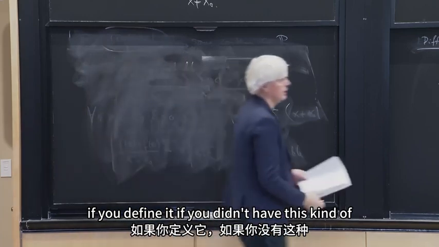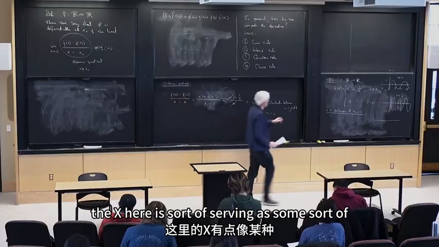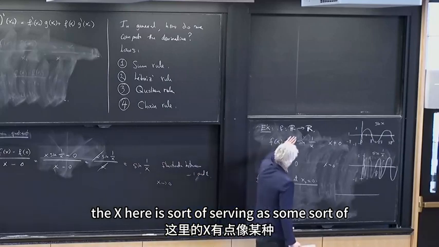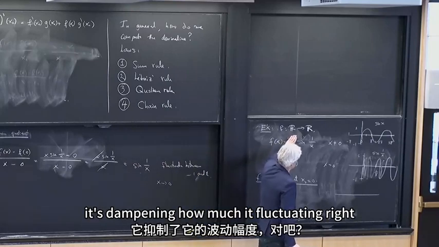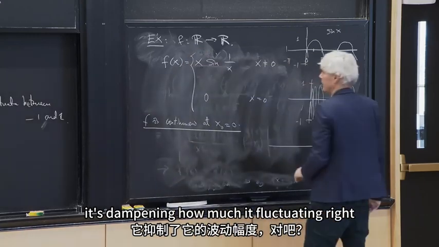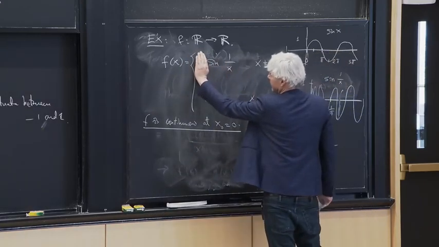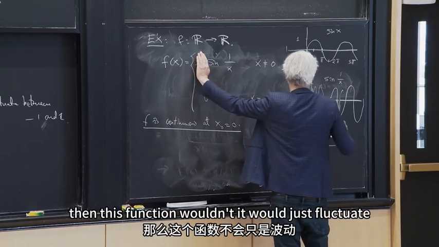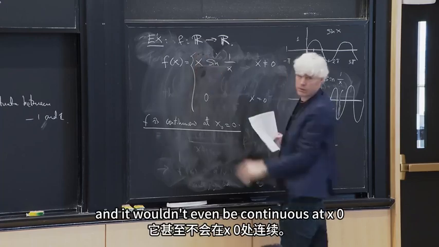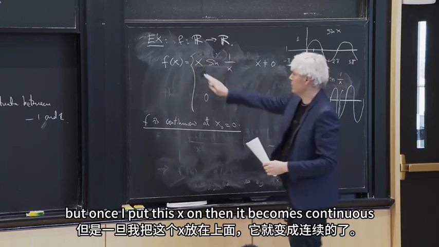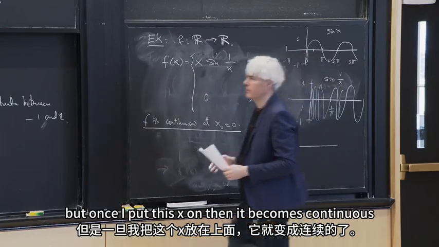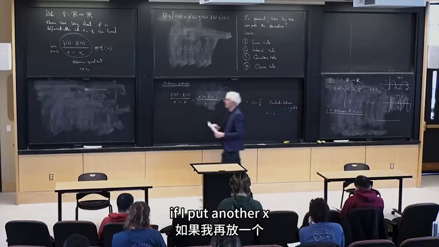The x here is serving as a dampening of how much it's fluctuating. If there wasn't an x here, then this function would just fluctuate, and it wouldn't even be continuous at x0. But once I put this x on, then it becomes continuous.